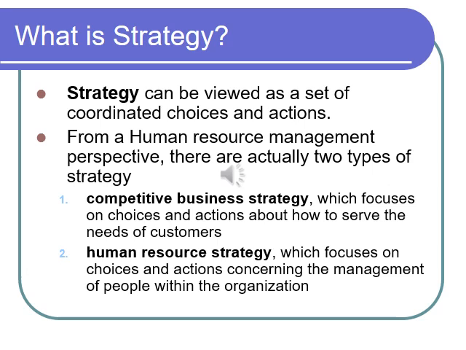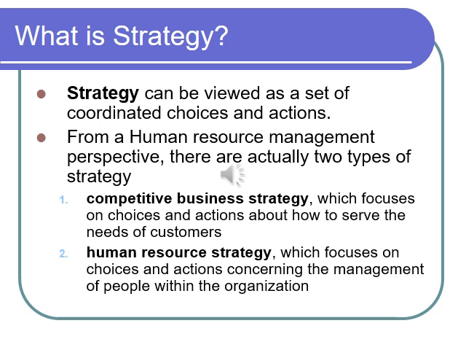So, this chapter actually looks at business strategies as two distinct strategies. Sorry, we need just to focus on human resource from a human resource management perspective. We have two types of strategies.